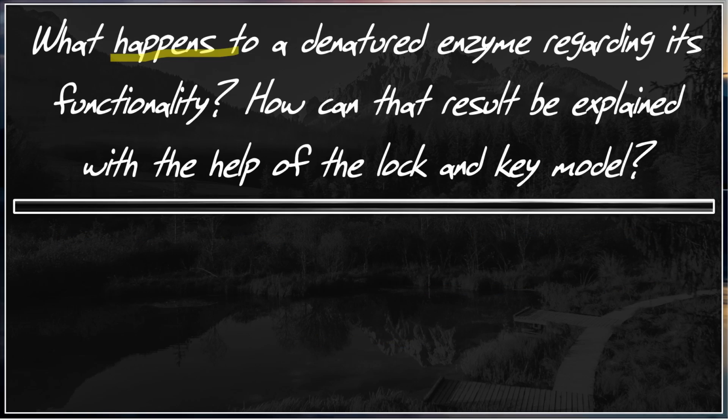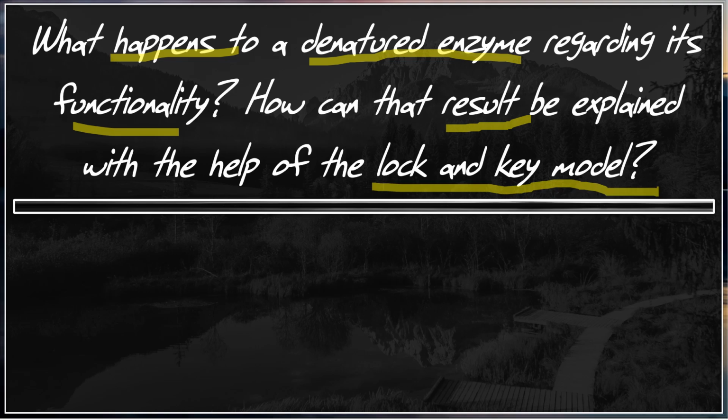What happens to a denatured enzyme regarding its functionality? How can that result be explained with the help of the lock and key model?